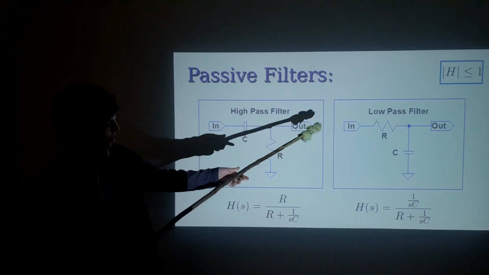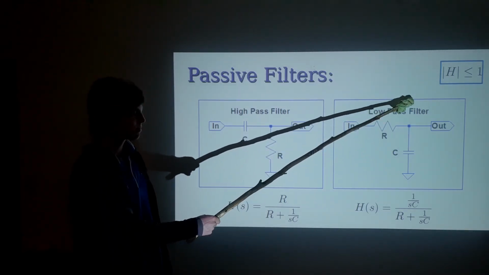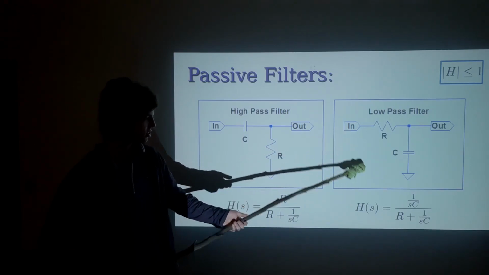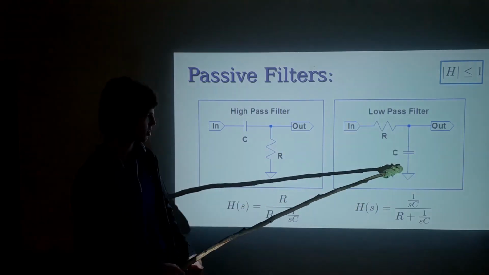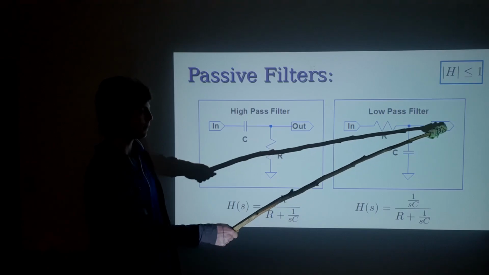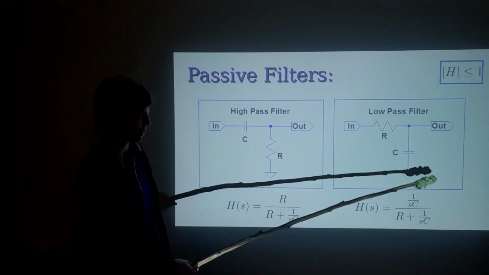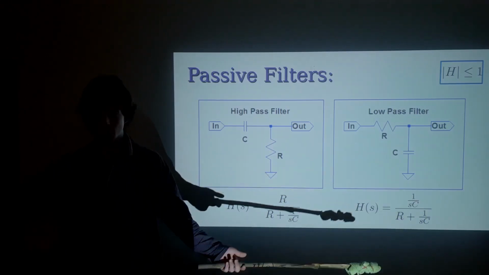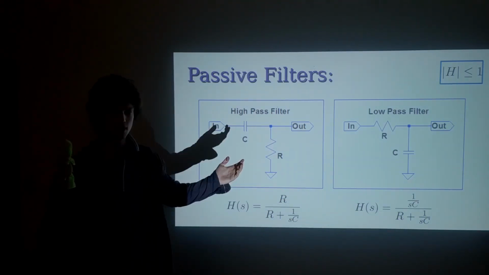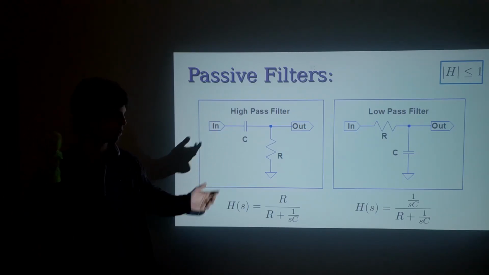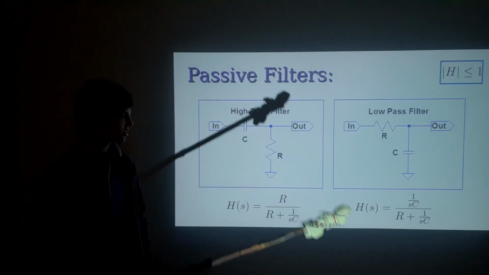For the low pass filter, we've got essentially the same thing. The input impedance on the denominator is just this resistor and capacitor in series. The output impedance is from the output to the ground, which is just the impedance of this capacitor, which is 1 over j omega c, as we saw earlier. That comes out of the V equals 1 over j omega c I thing that we saw, which is an analogue of Ohm's law for impedance. We saw that on the slide with the capacitor.